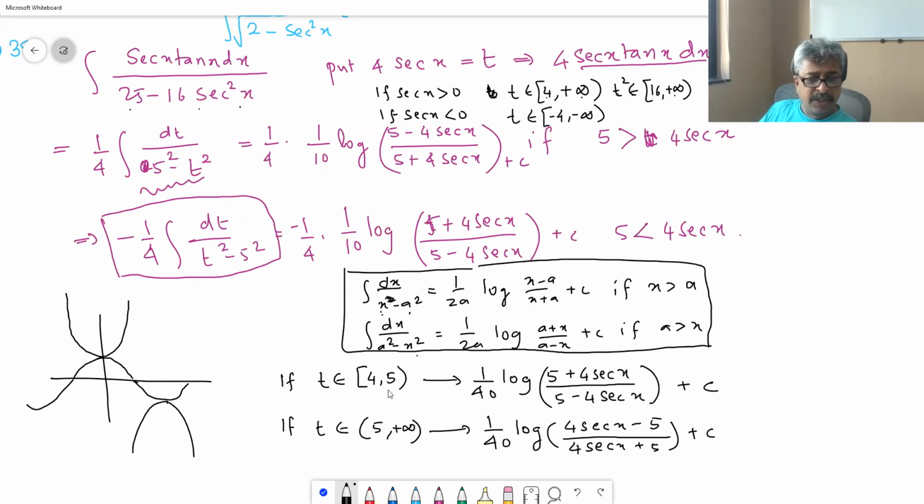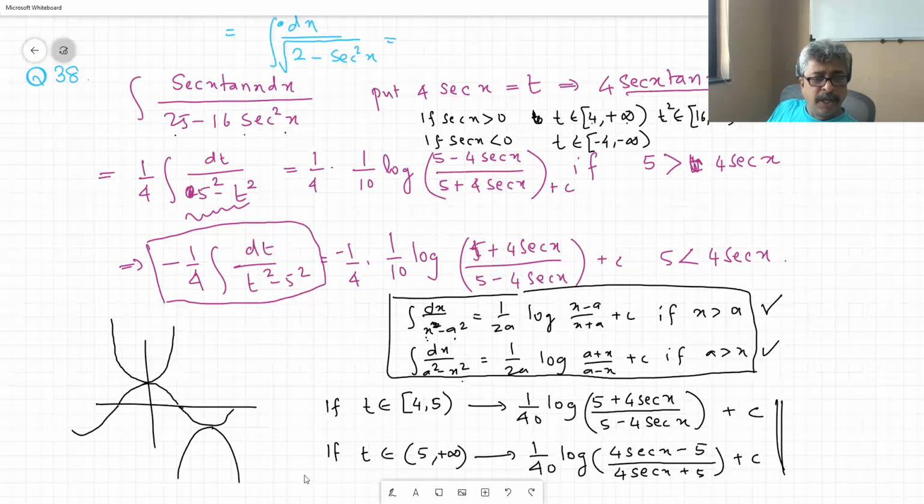Hence we have two conditions. When t belongs to 4 to 5, t square is less than 25, and hence we have this answer as per this formula. And when t square is greater than 25, that is t is between 5 to plus infinity, we have the answer using this formula. So these are the two answers for problem number 38.